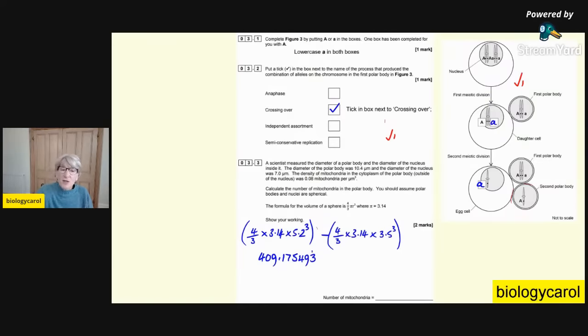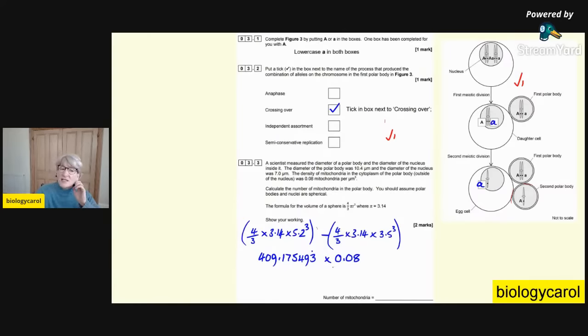I've put a recurring sign over the 3 here because on my calculator, it carried on. And I would always keep the whole number in the calculator and use that whole number until I was going to write my answer on the line here. I happened not to do it here.